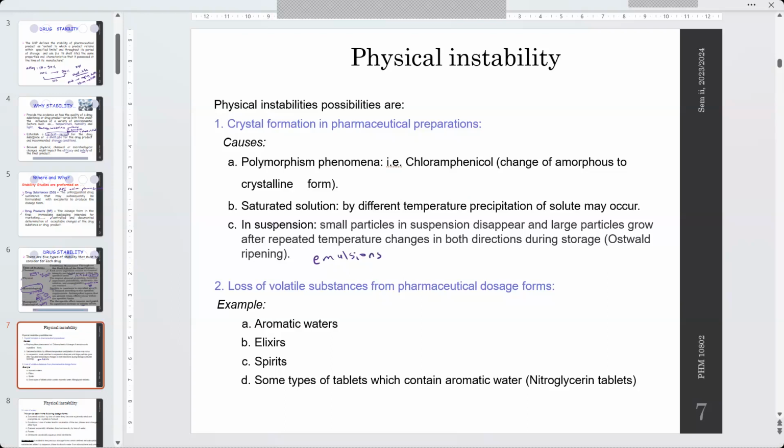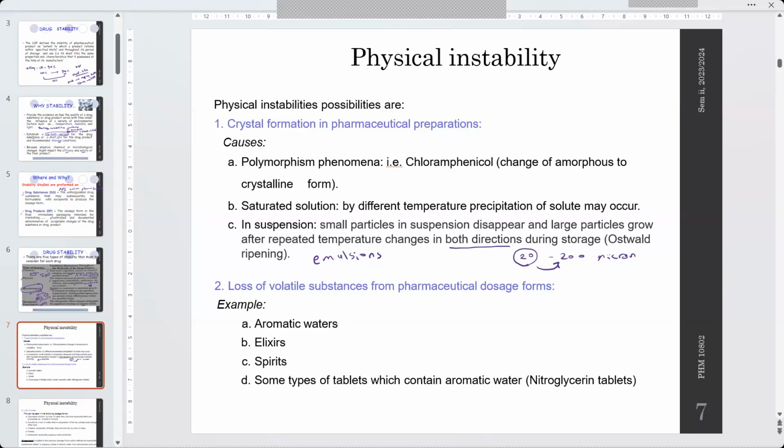You prepare a suspension or emulsion that gives you some range of particle size, say, for example, from 20 to 200 microns. In Ostwald ripening, these small particles will dissolve and will be added to the larger particles. The larger particles will grow. So small particles in suspension disappear, and large particles grow after repeated temperature changes in both directions during storage, maybe temperature changing up and down.